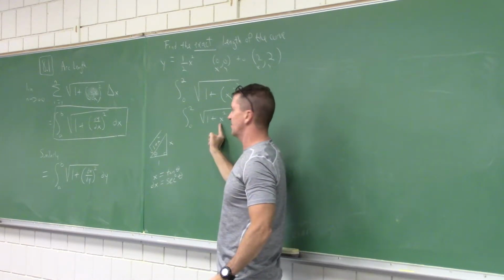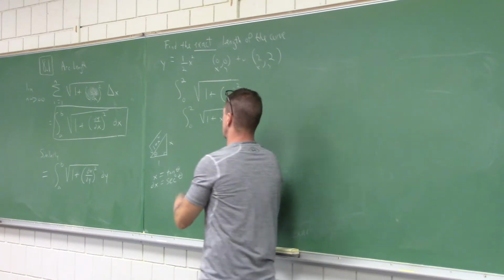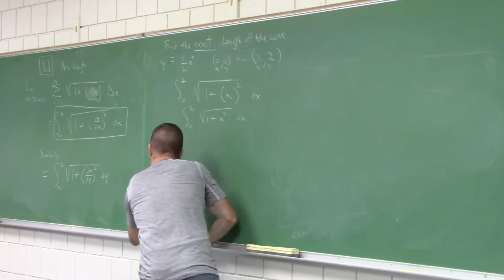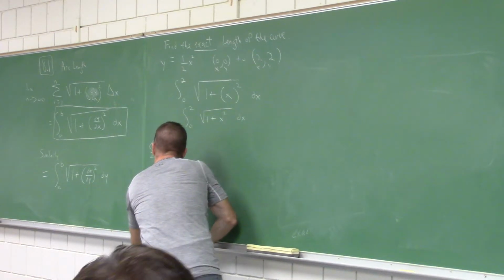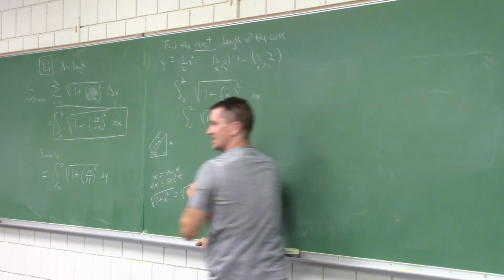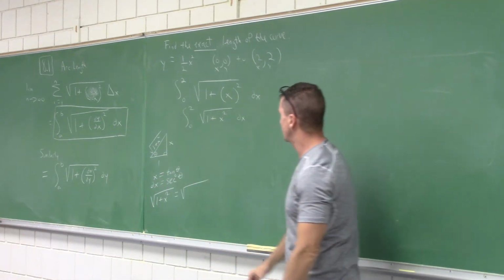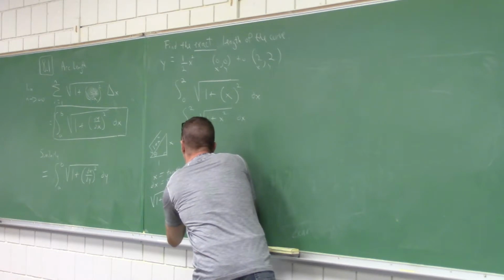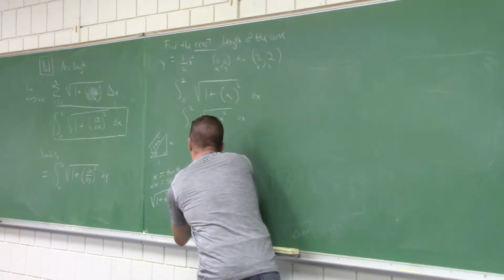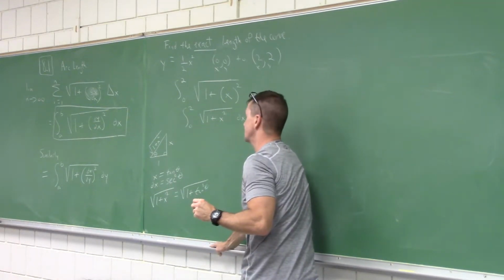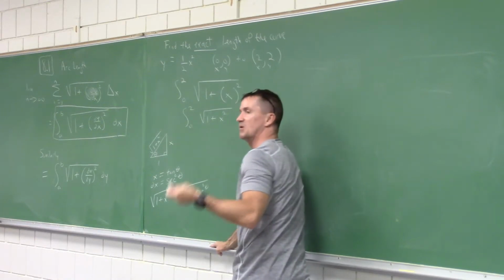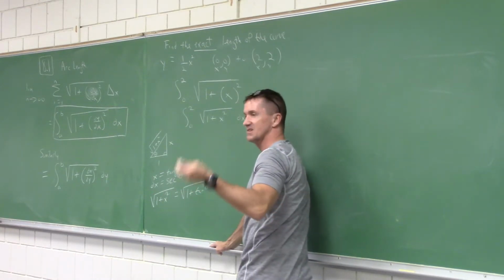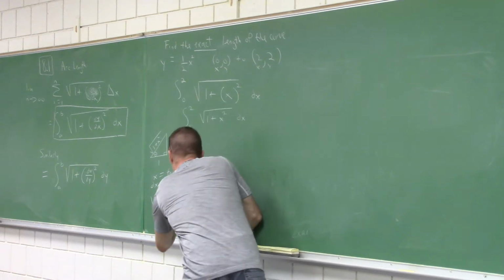What about this thing? Yeah, let's see. What would we replace the 1 plus x squared with? All right. And we do all this side work, and then we'll go substitute all this stuff. That'd be 1 plus tangent squared theta, which is secant squared theta. Yeah. And the square root of secant squared theta is secant theta.